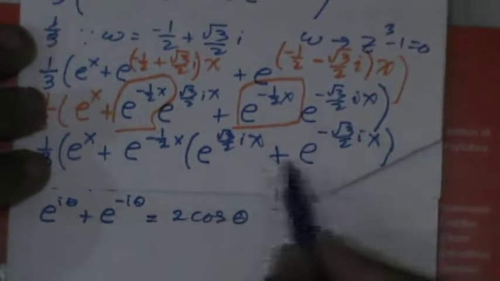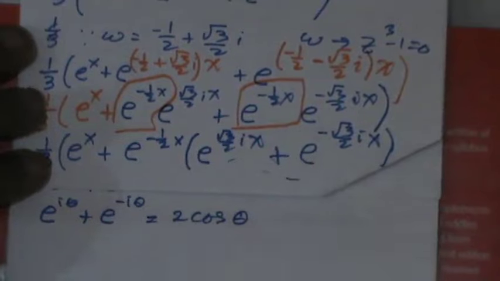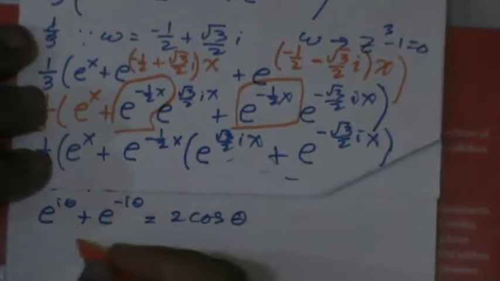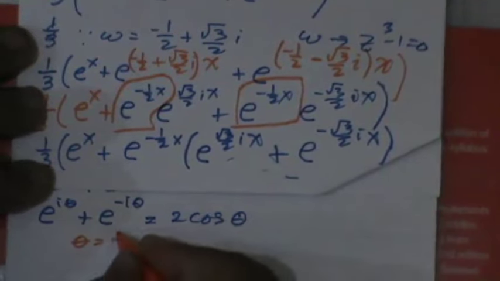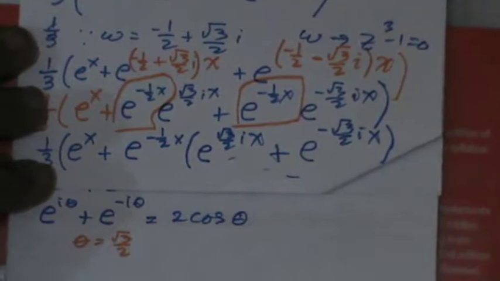I want you to notice this form. Look at these two, they're actually the same. The theta here is the square root of 3 over 2 x. So what is the meaning of that?